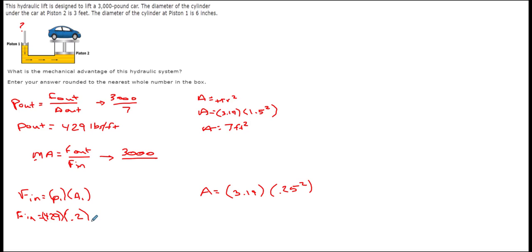So 0.2 times 429 is 85.8. So the force being applied at the input is 85.8. And when we do 3,000 divided by 85.8, we get 34.96, or let's just say 35. And remember, mechanical advantage does not have units.